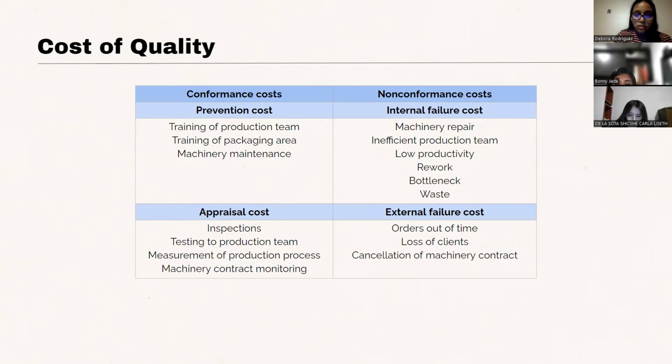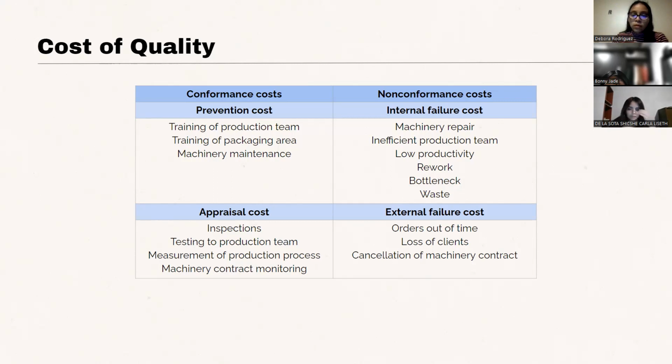Also, it's important to monitor compliance with the contract for the purchase of machinery and the inspection of the production area. The non-conforming cost has two types: internal failure cost and external failure cost.